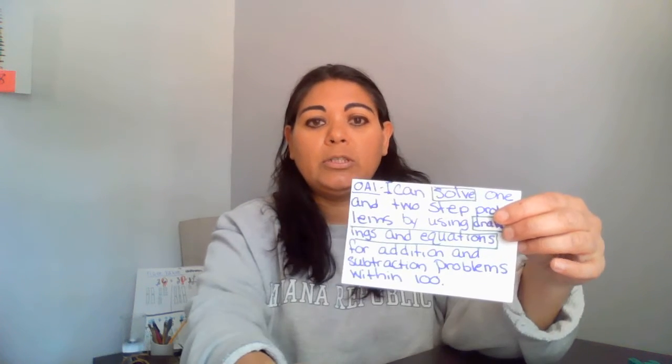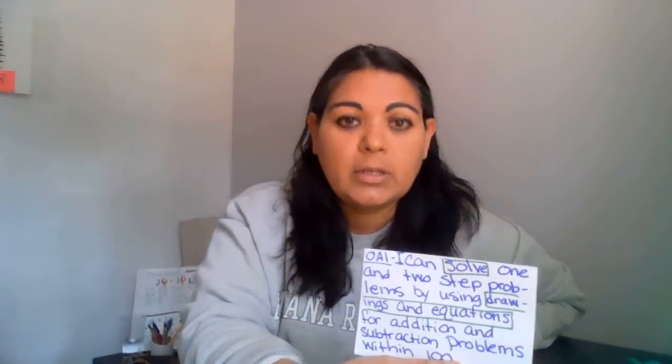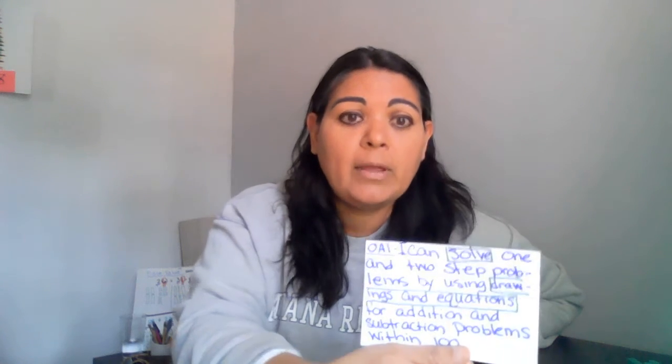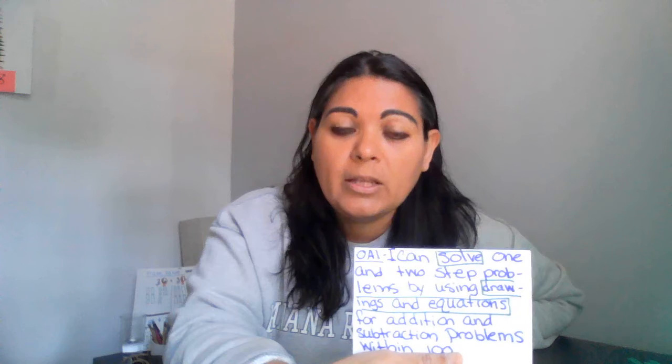It says, I can solve 1- and 2-step problems by using drawings and equations for addition and subtraction problems within 100. Okay, and like we usually do, I went ahead and circled the words that we really need to focus on. Do you see that word solve? That means you're not going to be using the mental math like you use with your fact fluency.